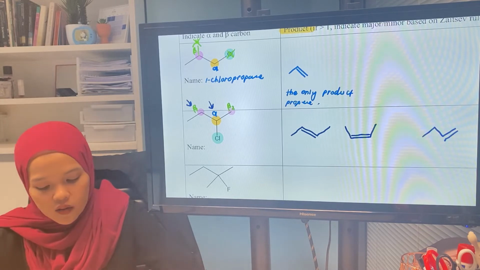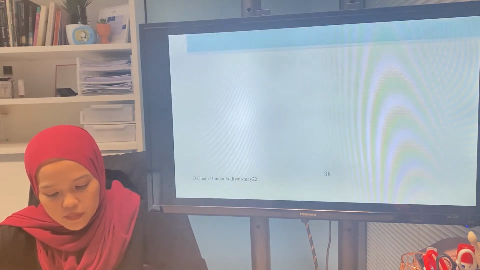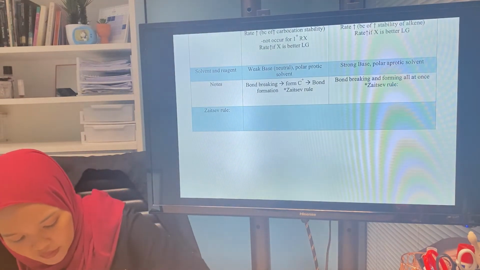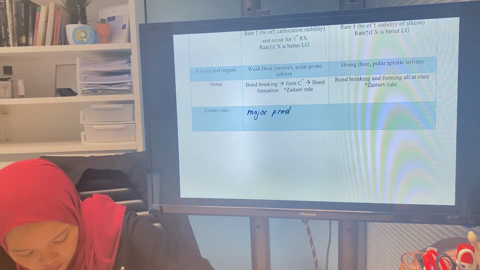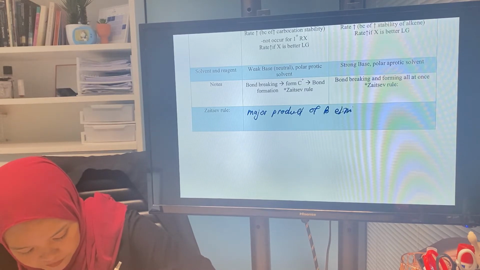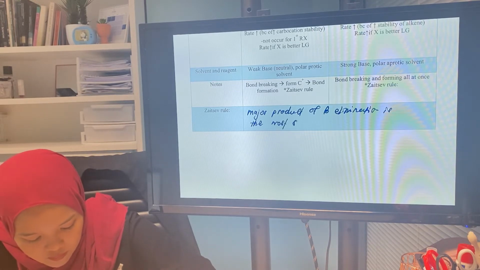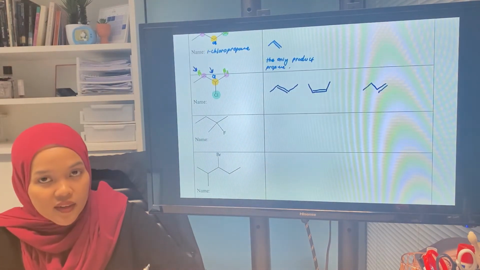So which one is going to be the major product? Remember the Zaitsev rule. What does the Zaitsev rule state? The major product of beta elimination is the most stable alkene. Which one is the most stable among these three?